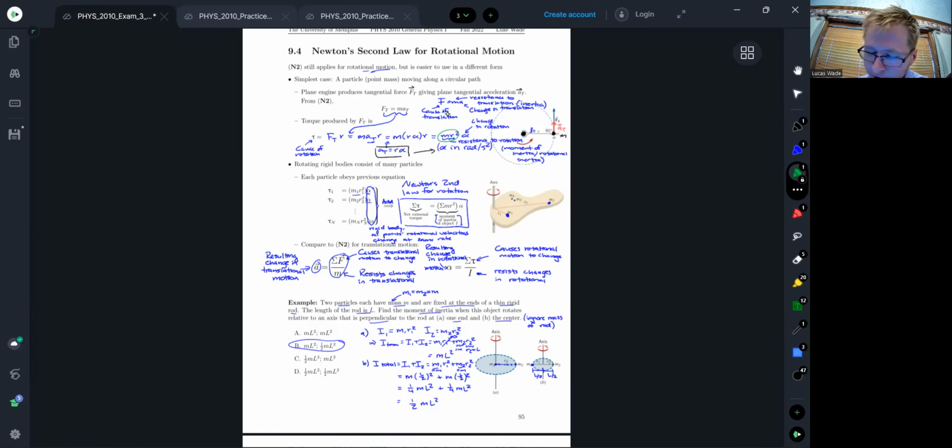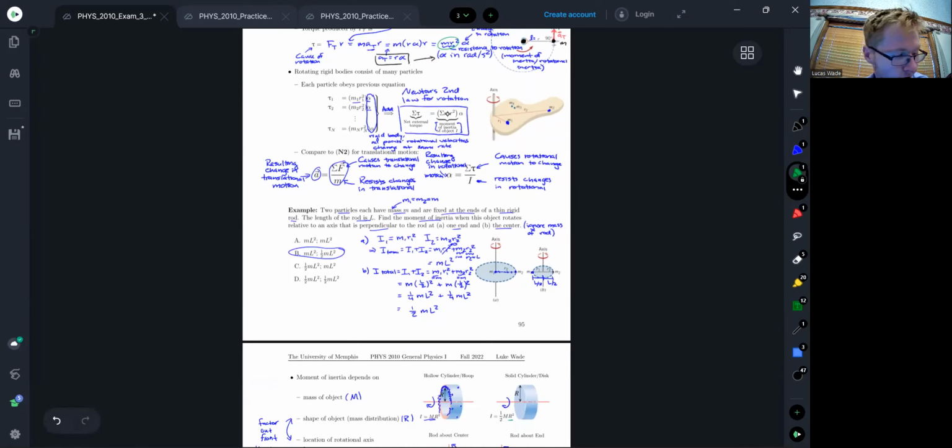For rotational motion, the more net torque you have acting on something, the more it will tend to angularly accelerate, meaning rotate faster or slower. But the more moment of inertia you have, the less the thing will tend to angularly accelerate. So if you have a lot of moment of inertia, that means it's hard to get the thing rotating. It's also hard to stop it rotating. What's important is that it makes it hard to change the state of that object's rotation.